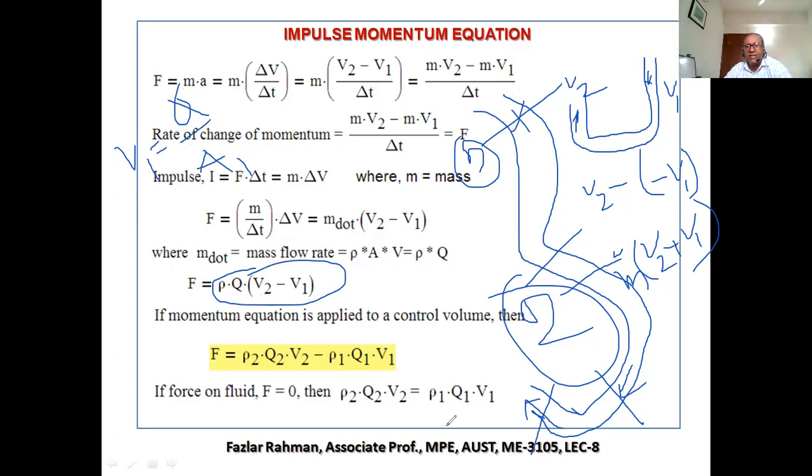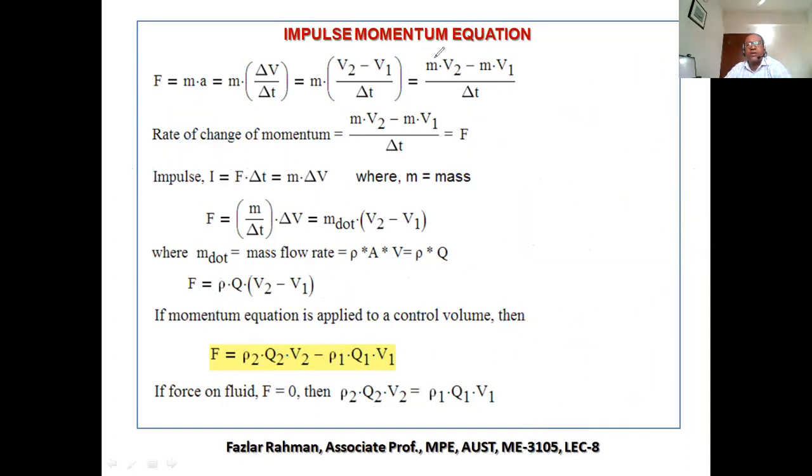If density is same, then what will happen? Rho 1 equals rho 2. Then you need to ask, what about Q1 and Q2? Is the same Q coming, or is some fluid making a branch and getting out over here? If over here is Q1 and over here is Q2, then you need to figure out just the value of Q1 and Q2.